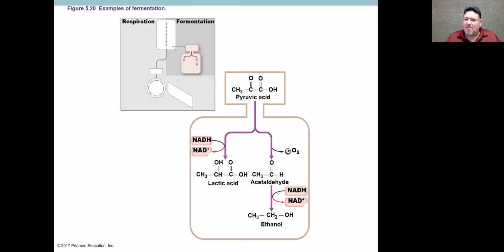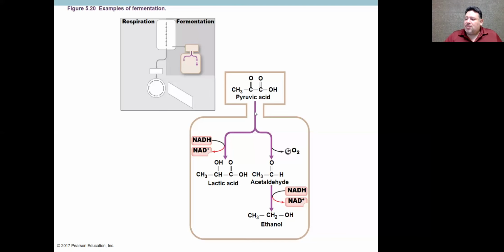And it says, well, I may only get 2 ATP, but at least I'm going to get it now when I need it. Okay? And so your body starts using this pyruvic acid and turning it into lactic acid. As a matter of fact, when your body hurts the next day from sprinting, what happens is that this lactic acid has crystallized in your muscles and is now shearing your muscles, and that's what causes pain.